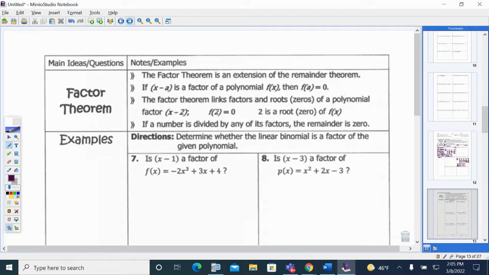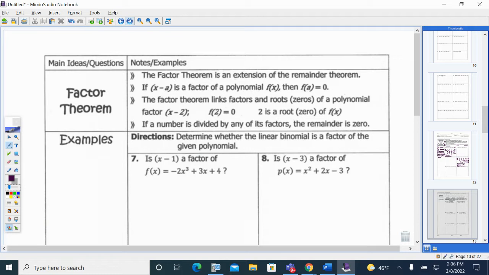So the directions here tell you to determine whether the linear binomial is a factor of the given polynomial. Again, the bullets there might have been a little confusing, so let's think of it in terms of just plain numbers.